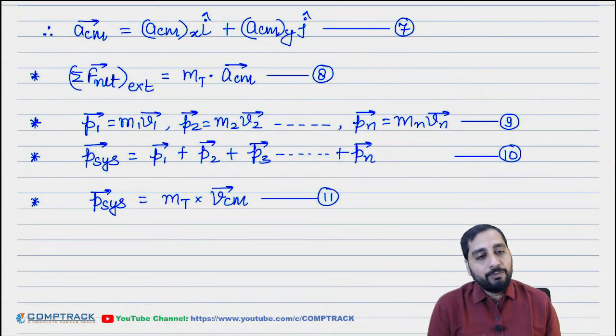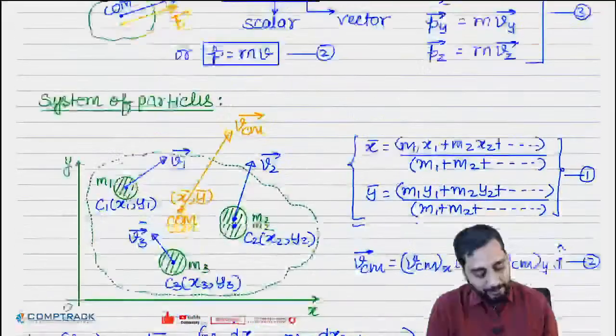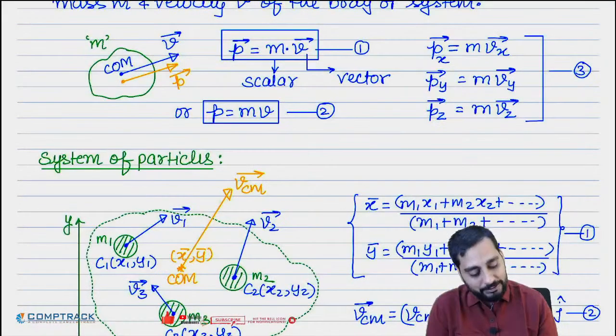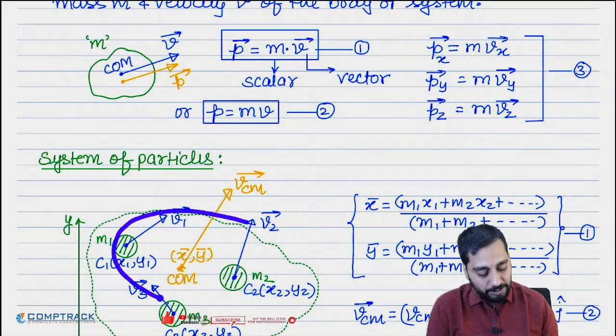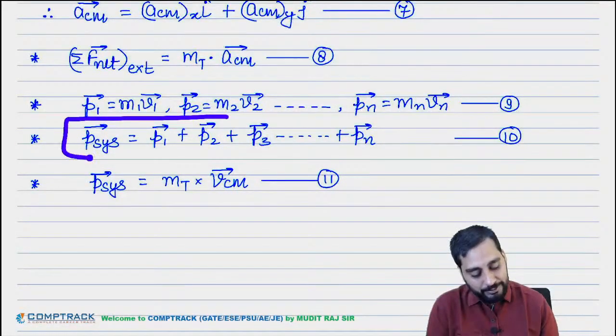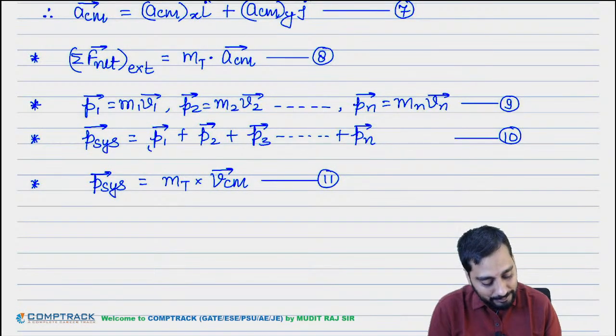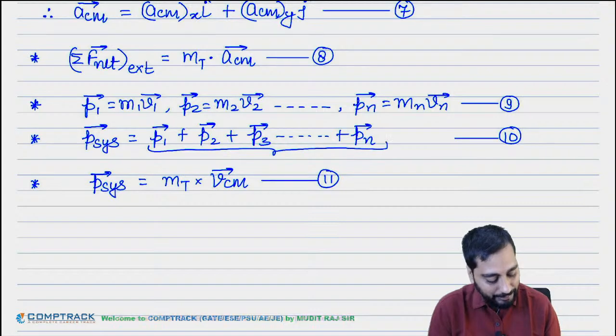Now linear momentum we have understood. For a single body, simply multiply mass into velocity. For a system of masses, you have to add all the linear momenta vectorially. So this is a vector sum, not a direct algebraic sum.